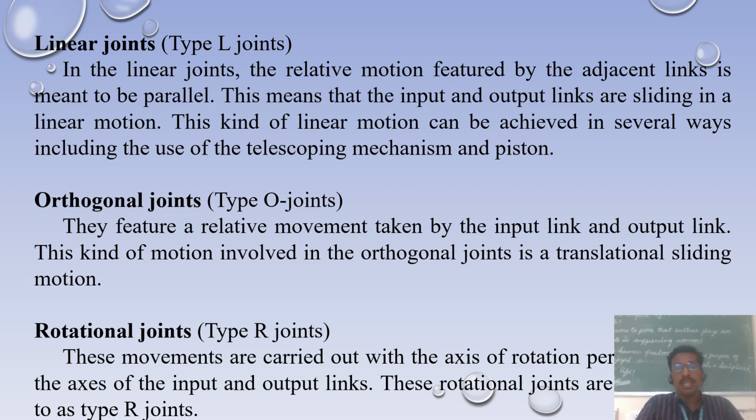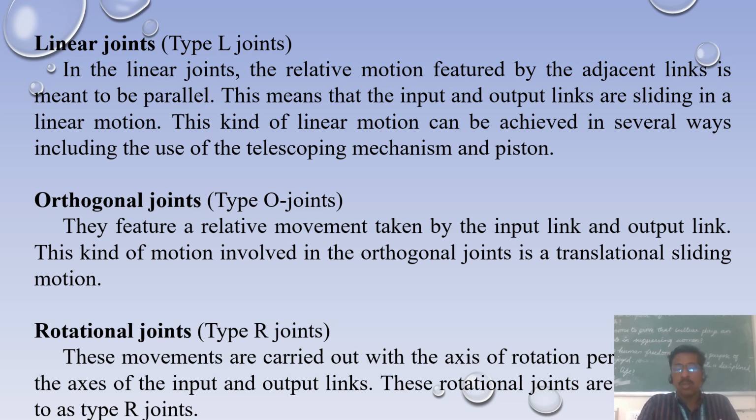In the linear joint, the relative motion featured by the adjacent links is meant to be parallel. This means that the input and output links are sliding in a linear motion, that is, in a straight line. This kind of linear motion can be achieved in several ways, including the use of a telescoping mechanism and a piston. So the next one is orthogonal joints.